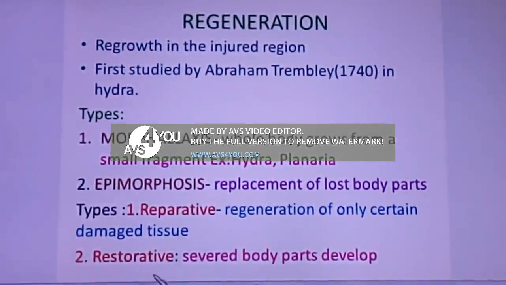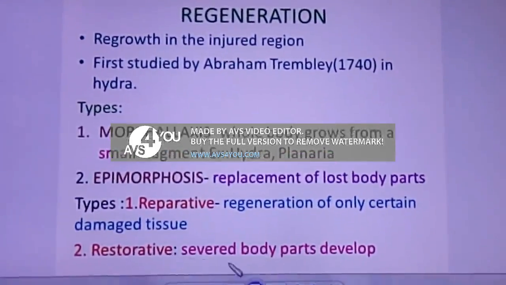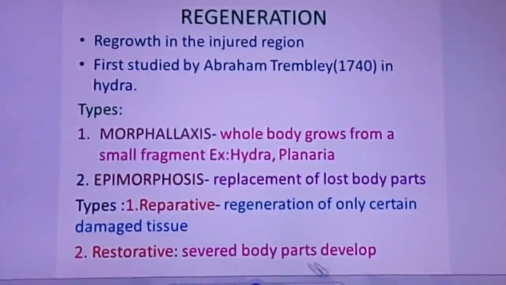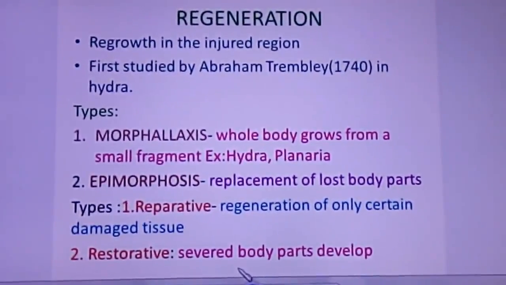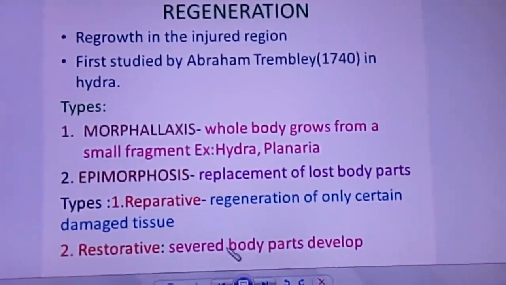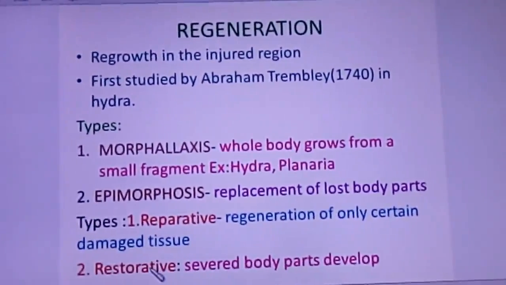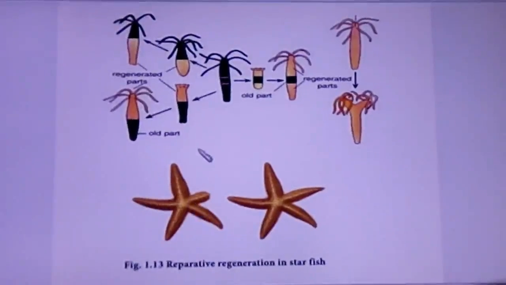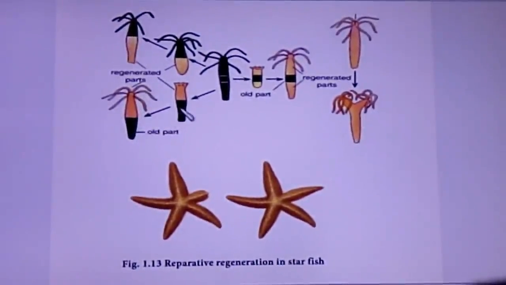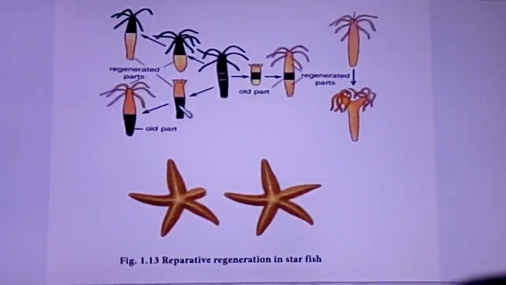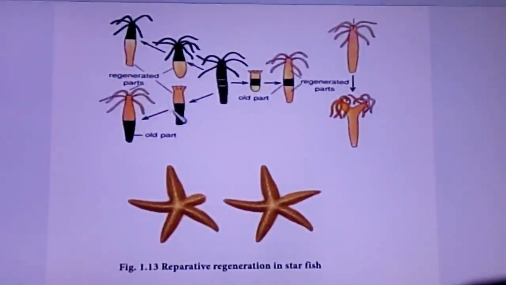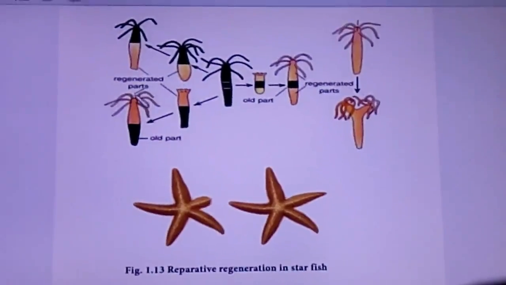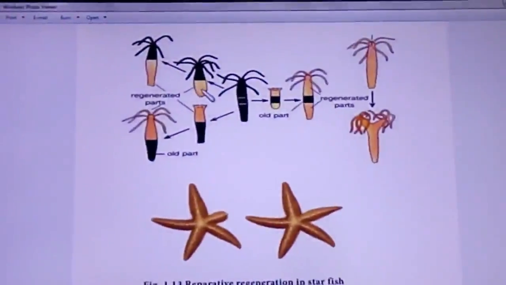Next one is restorative. Severed body parts develop again. That is, if any part is cut off and it develops again, it is called restorative. You can see in this diagram, the first one is regeneration in Hydra. Whatever is given in black is the old part, and from the old part the new part has developed.